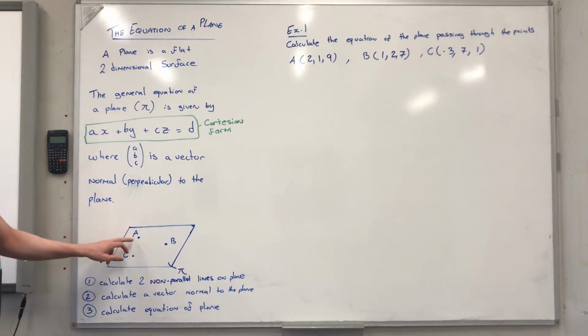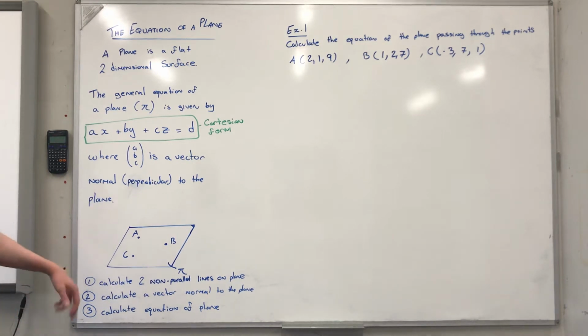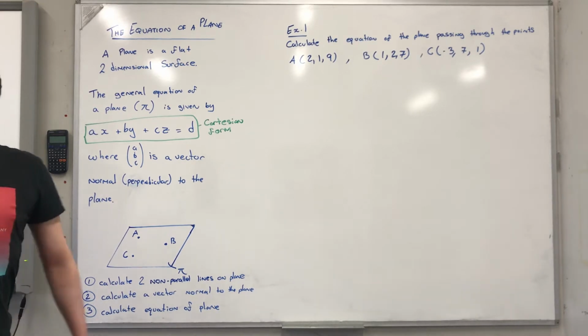So if you've been given 3 points on the plane, the first thing you're going to need to do is calculate two non-parallel lines on the plane, which we just do by calculating two vectors, so vector AC and AB, for example. From that, we can calculate a vector normal to the plane.